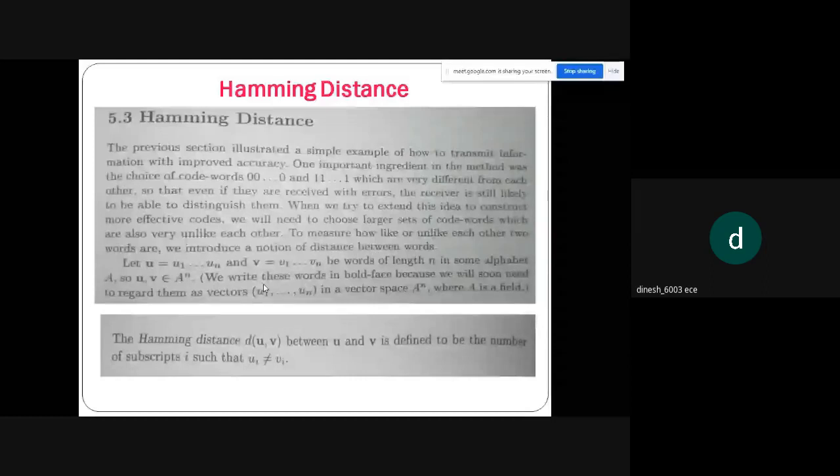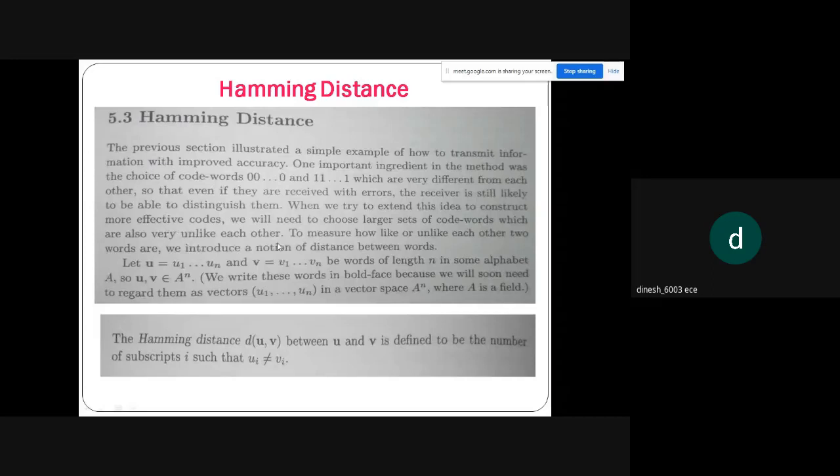As we had seen in this Hamming distance, we have specific terms to be determined, which include your code words. Code words should be unique in nature, and they should be unlike each other.